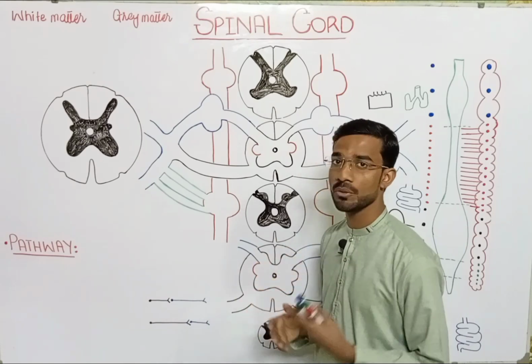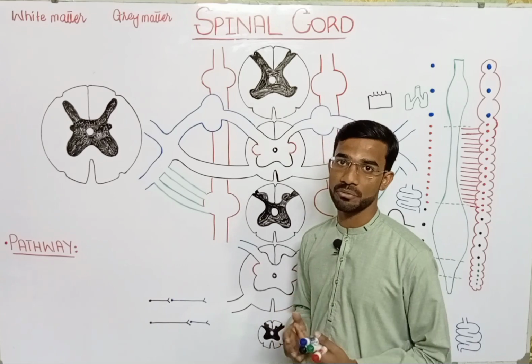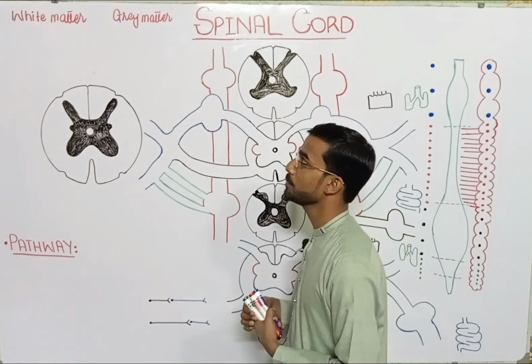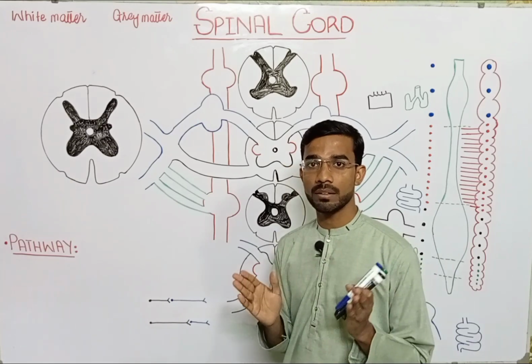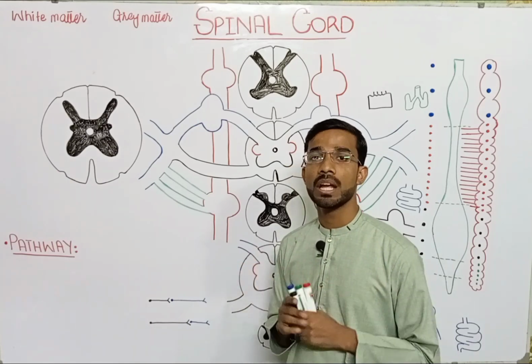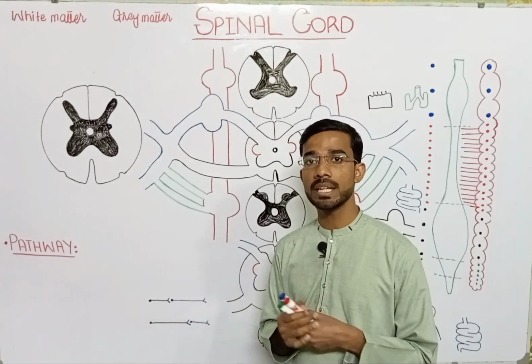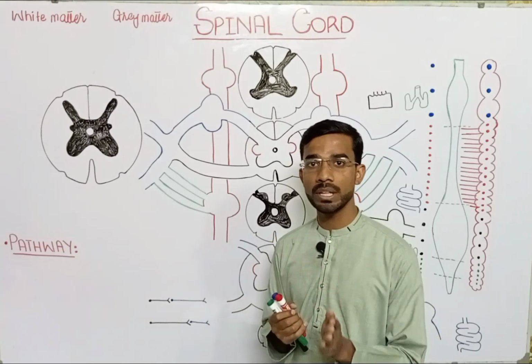Before we discuss, we should know the basic difference between the gray matter and the white matter. Here you can see that the basic neuron or nerve cell consists of three components: the dendrites, cell body and axon.